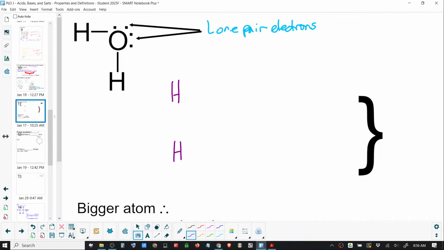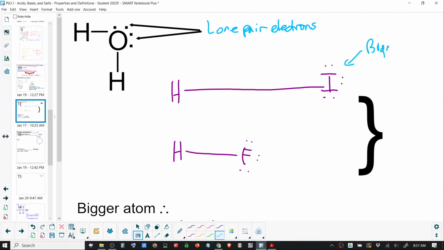If we have H, now I, so HI, because I is so big. And then we have HF. They fundamentally look the same in terms of lone pairs. Bigger atom, 8.